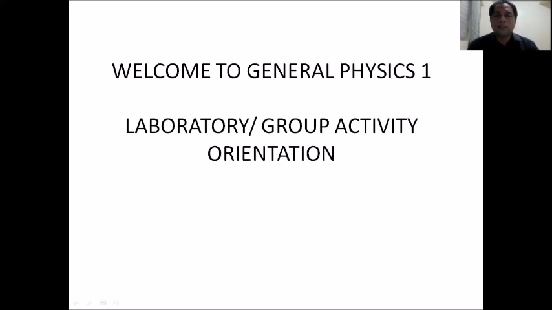But all of our lab experiments will be done in a group. So it's kind of exciting somehow. One will always stand as a leader in submission of the needed reports and the requirements. In every group there will be a leader, and that leader is always responsible to pass the activity on time, when we set a date of submission.